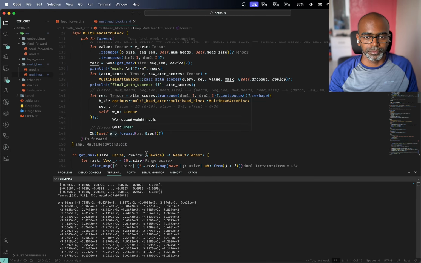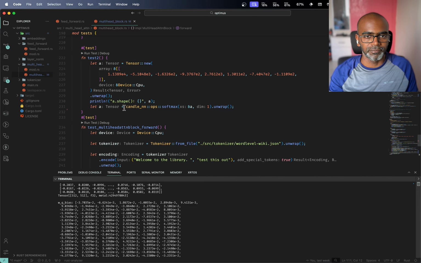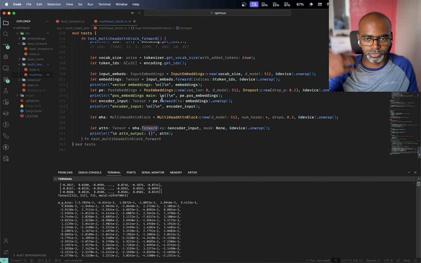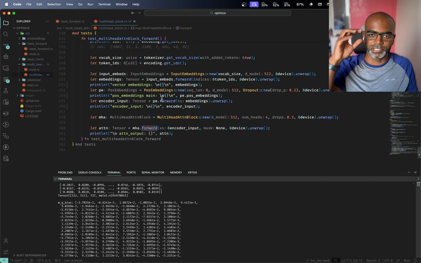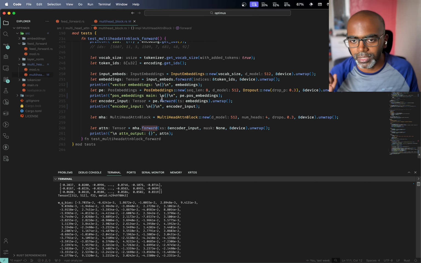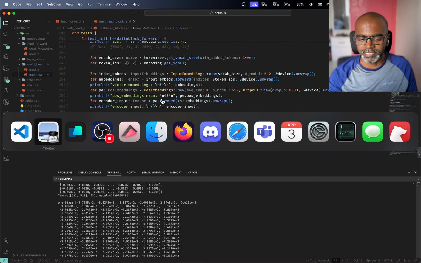All right, so that's how it's implemented. I've got a whole bunch of things that you can play around with over here, some tests, etc., that I've included to help you get started with the Candle framework. Okay, so I hope this is now making sense.